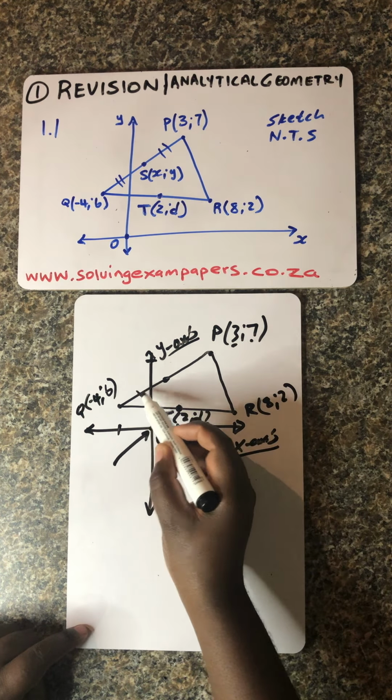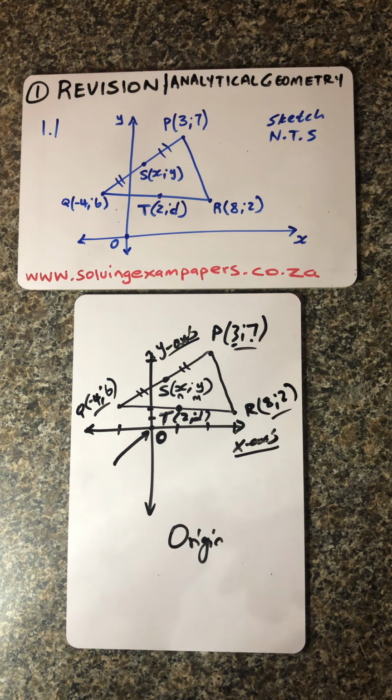So even at S, ladies and gentlemen, they could have used N and M, okay, instead of X and Y. So that means when they say calculate the coordinates of S, you know very well that they just need the value of X and Y, of which the moment you see those represented by letters, then you know it's unknown. So you're most likely to be asked to calculate those coordinates. Okay, so ladies and gentlemen, I'm pretty much sure that you fully understand all that I was trying to explain. It was just a matter of taking you through that diagram over there.